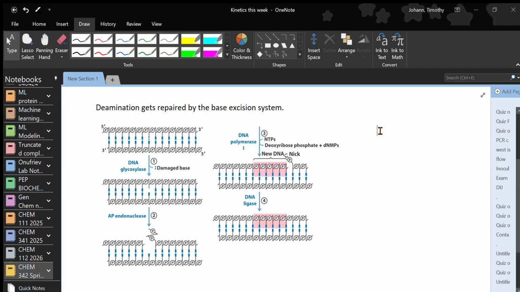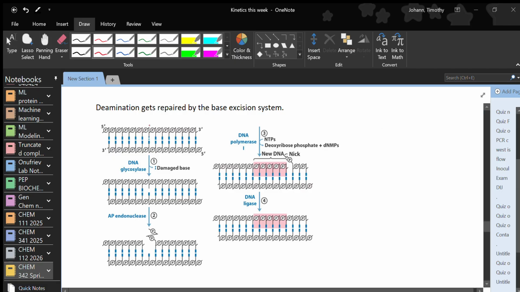What happens in this system is pretty much all laid out here. In step one, we have some sort of damaged base. This system is more than just for deamination, but let's use deamination as an example.